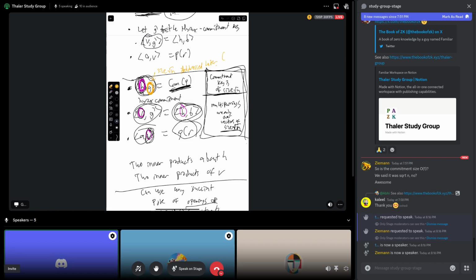But in short, the Dory verifier will not actually have to know this G. It will just have to know an AFCO commitment to G, which will be computed in transparent pre-processing by any honest party. So the Hyrax commitment key is transparent but pretty big, root n size. We don't want the Dory verifier to have to store a root n size object.